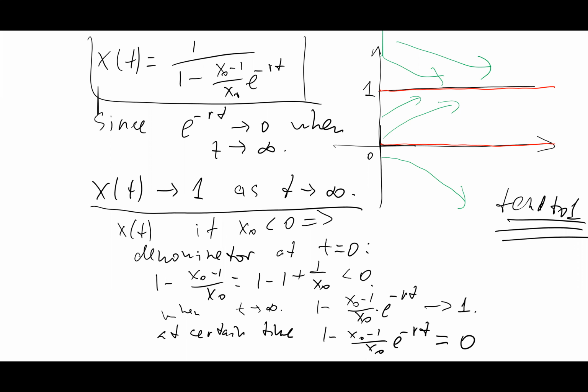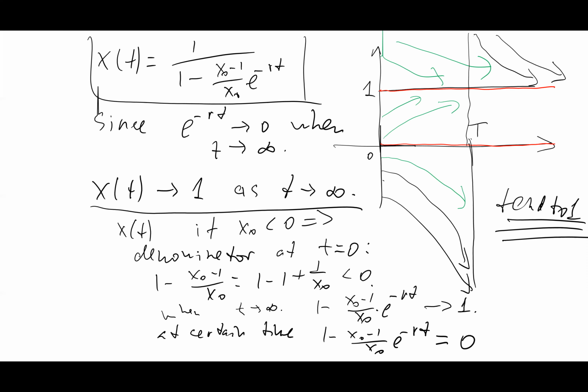We can find this time and assume it is this time, capital T. And when the denominator is 0, x of t will be infinite, so it will tend to infinity. And this is what happens in reality. So our solution tends to minus infinity here, and then here it comes from plus infinity and again converges to 1.